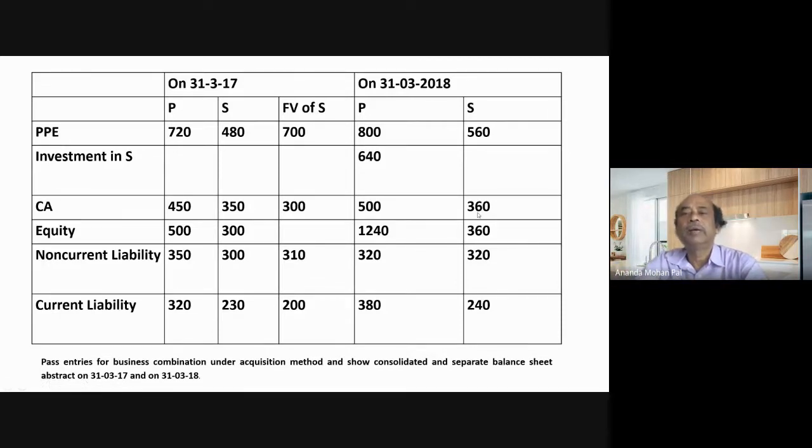You need not bother about it at present. At 31st March if you prepare it would be 860. Why? Because this revaluation loss was there at the time of acquisition, but that loss is reverted, that is again added in the profit, post-acquisition profit.